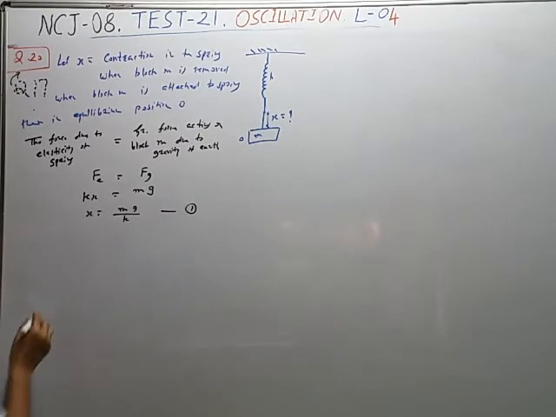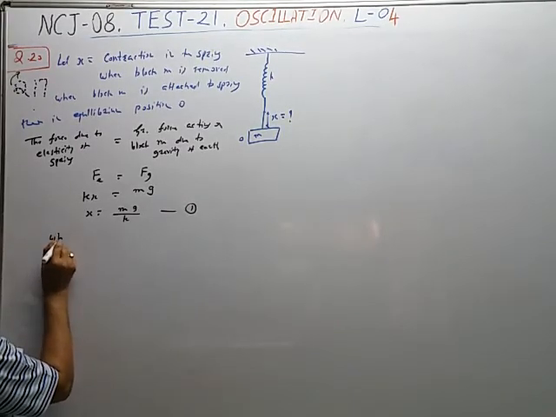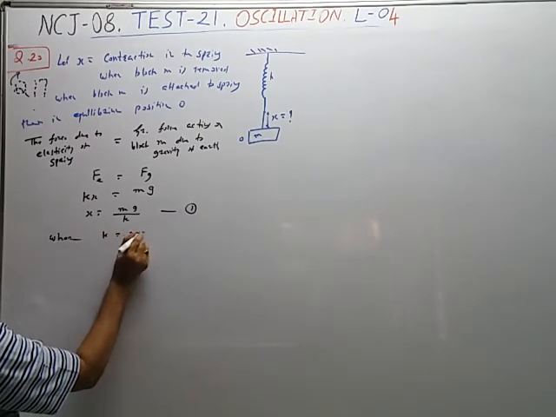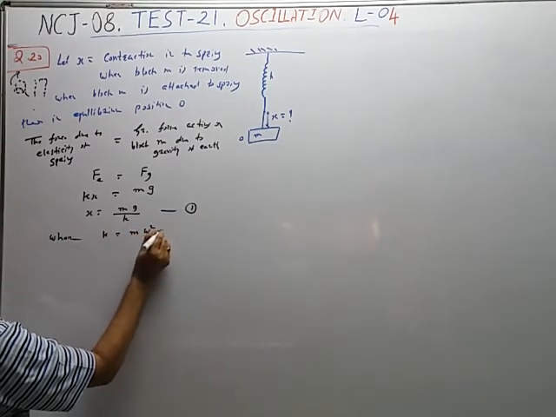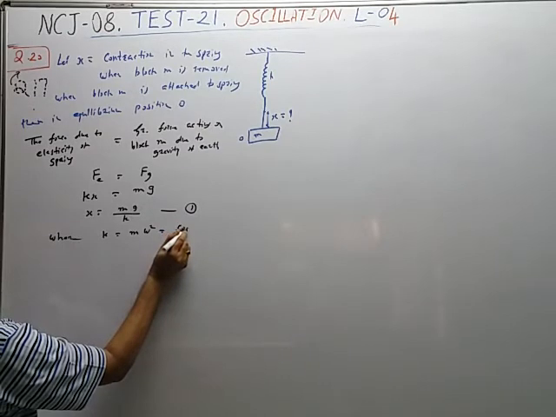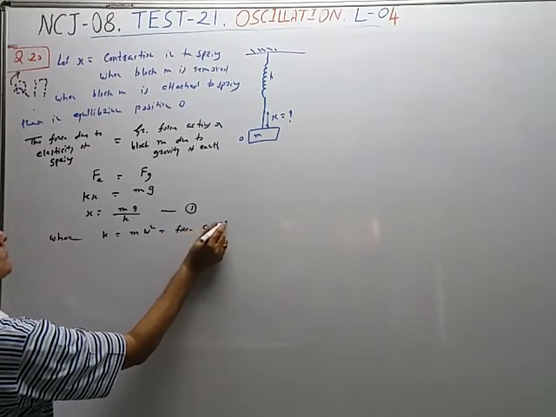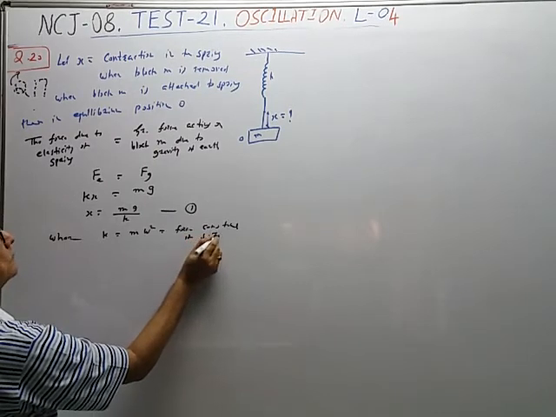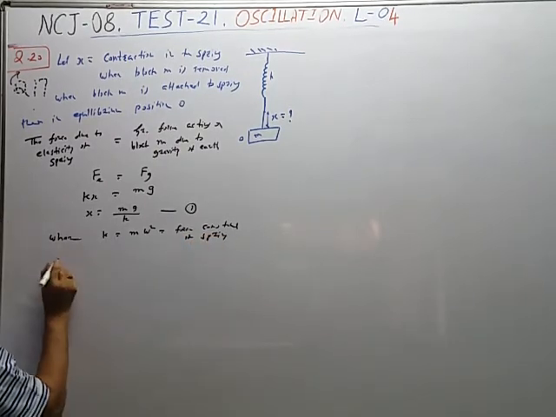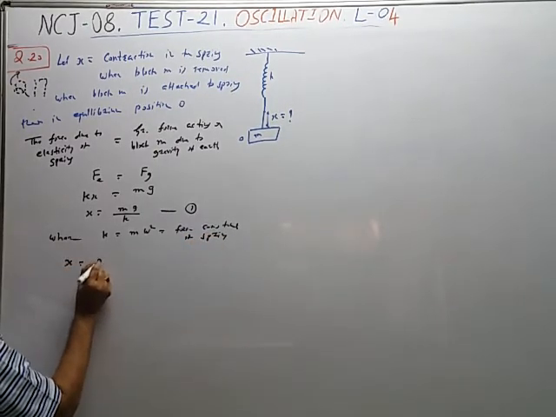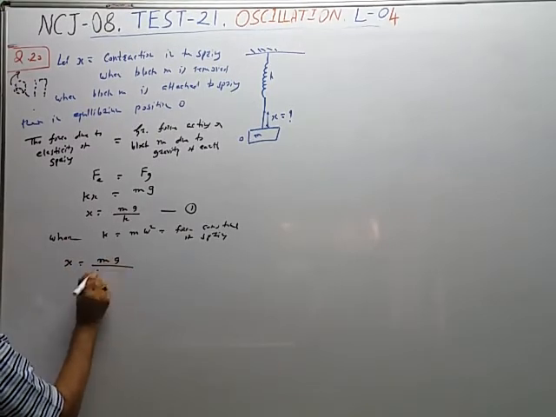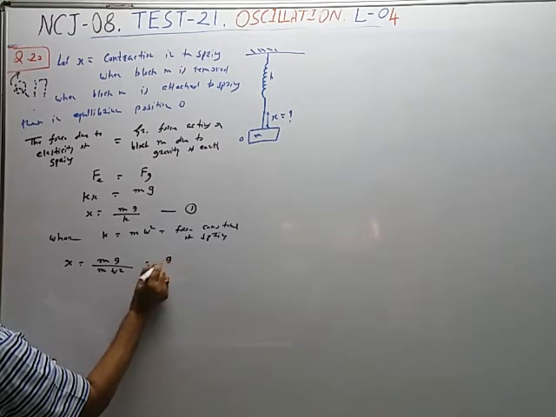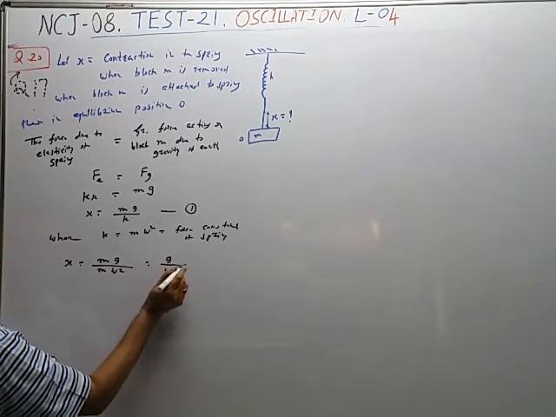You have to find K, where K is equal to M omega square, the force constant of the spring. Therefore, X is equal to M into G upon M omega square. So this is equal to G upon omega square.